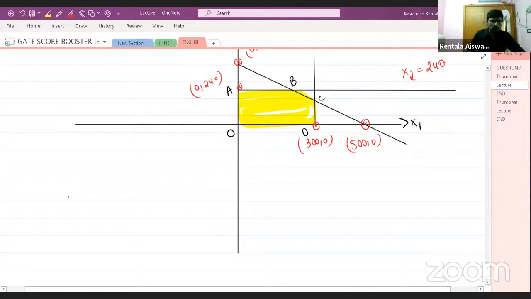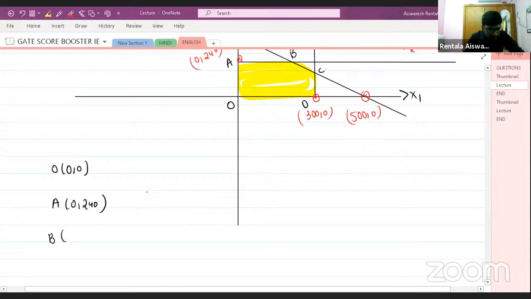Point O will be 0, 0, point A will be 0, 240, and point B will be 200, 240. Sai Krishna is saying, okay. So 200, 240. Other people, you can please cross check, okay.